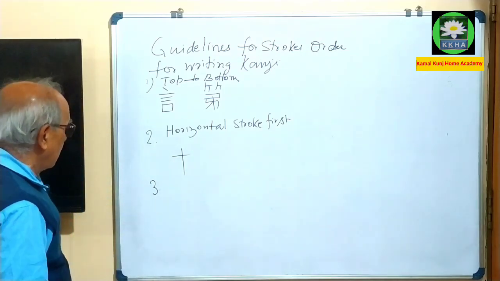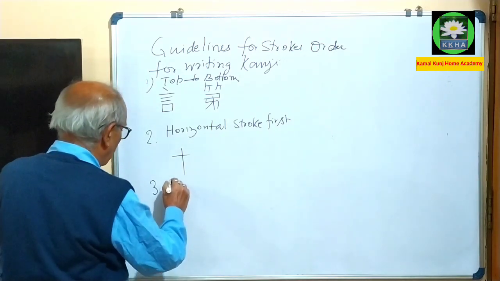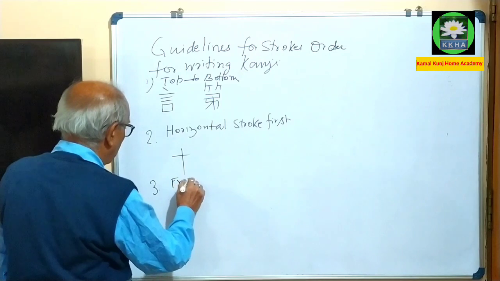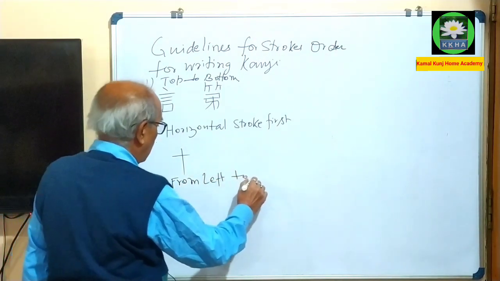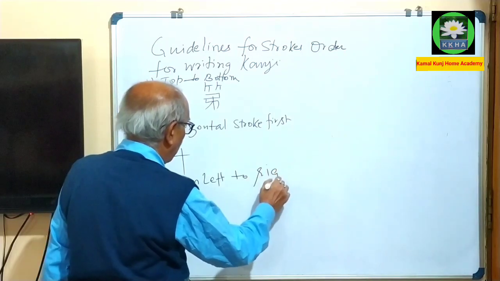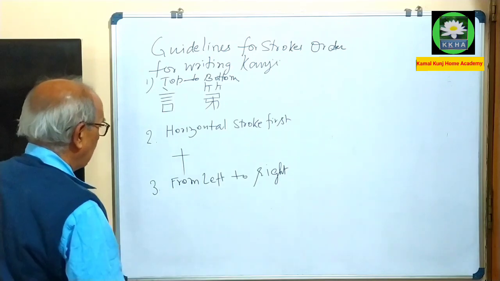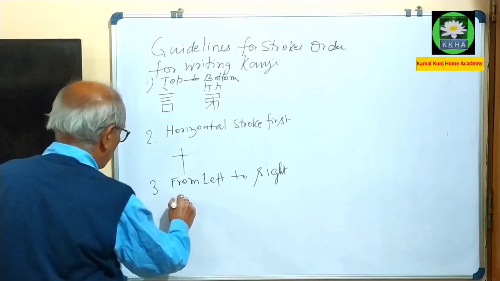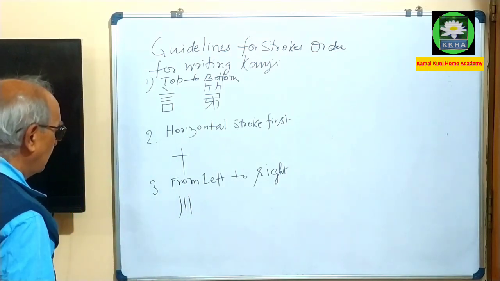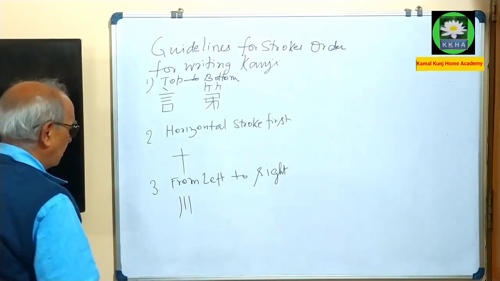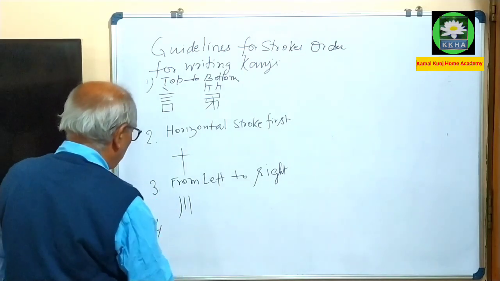Then generally kanji are written from left to right. From left to right. For example, this is next.